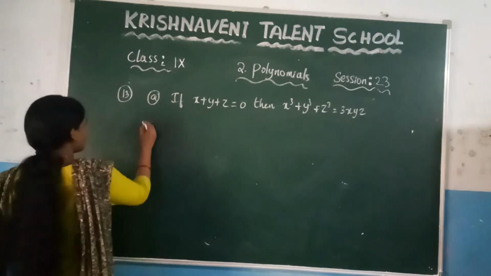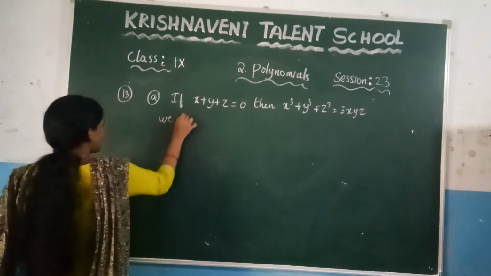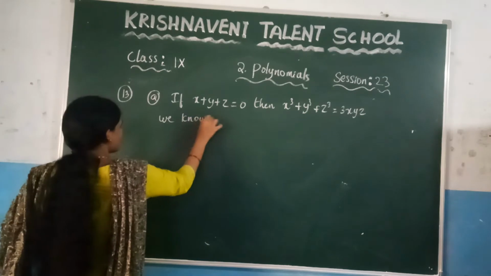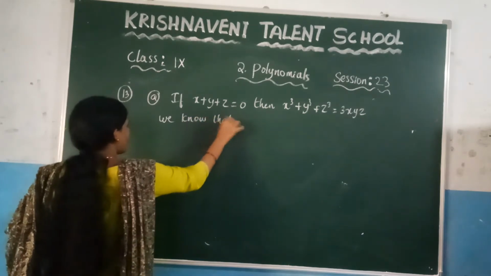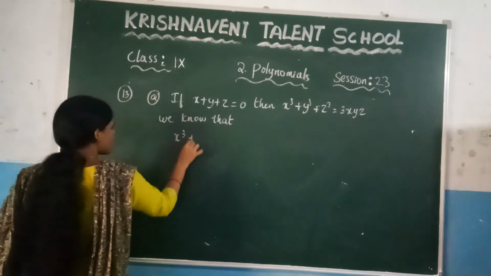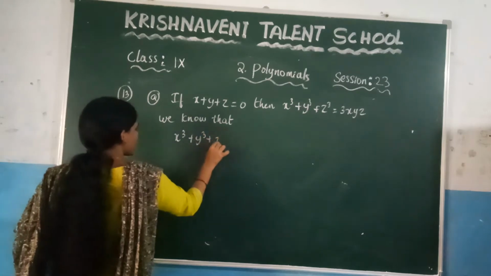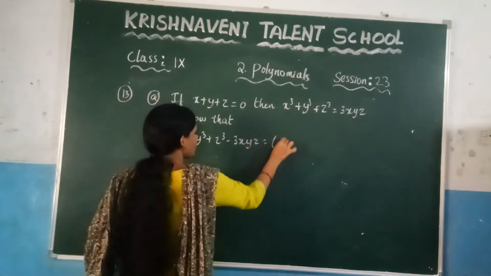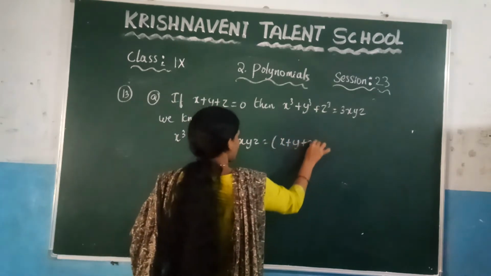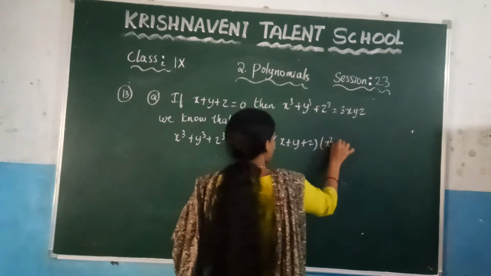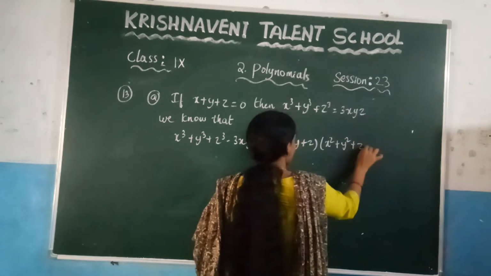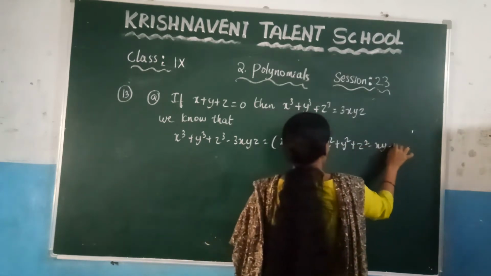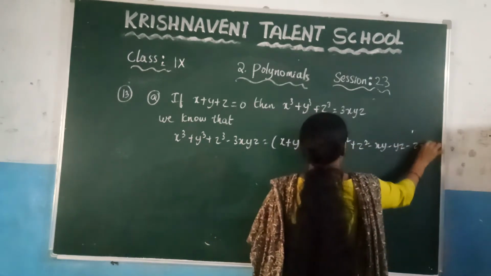So write it here. We know that the identity is x cube plus y cube plus z cube minus 3xyz is equal to x plus y plus z into x square plus y square plus z square minus xy minus yz minus zx.